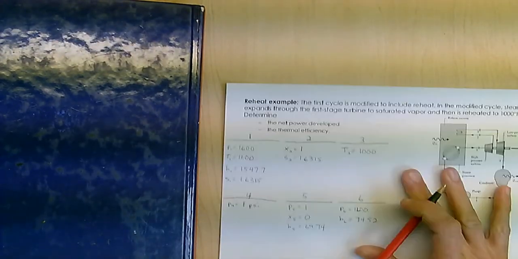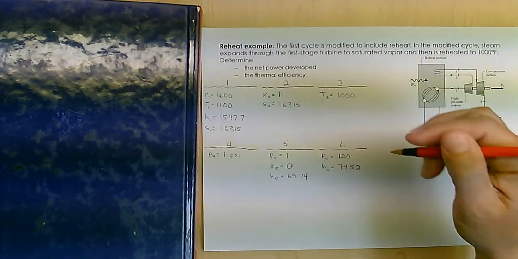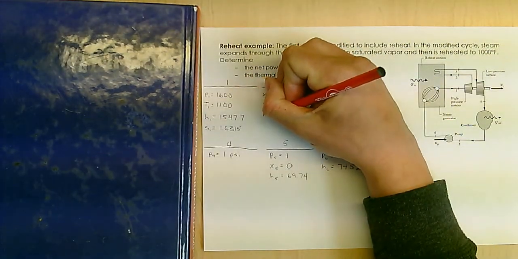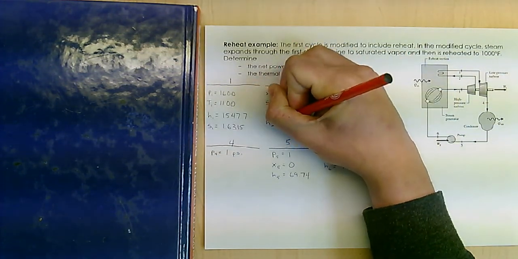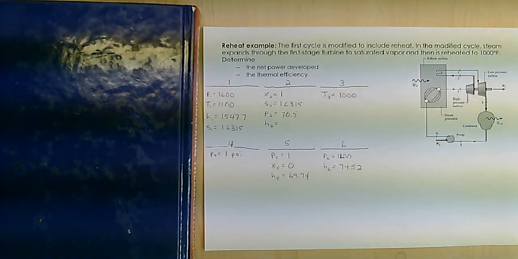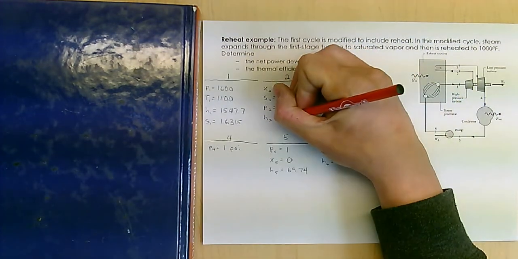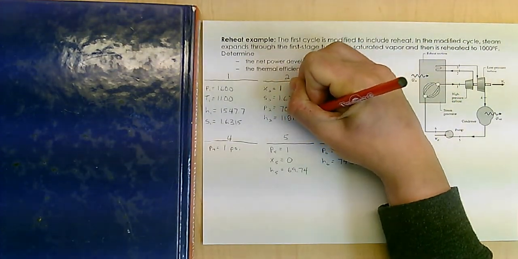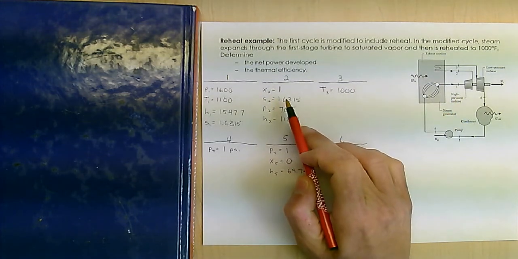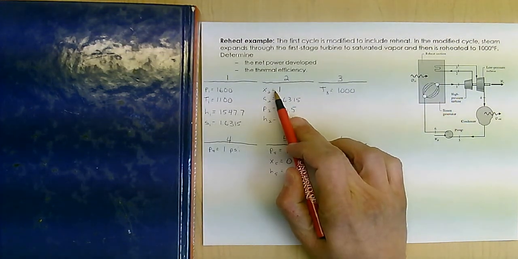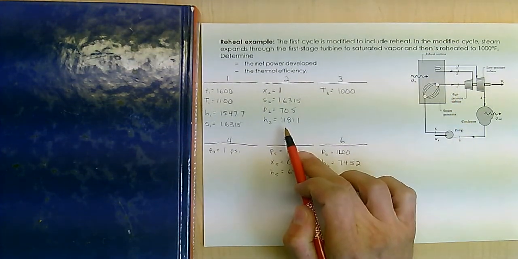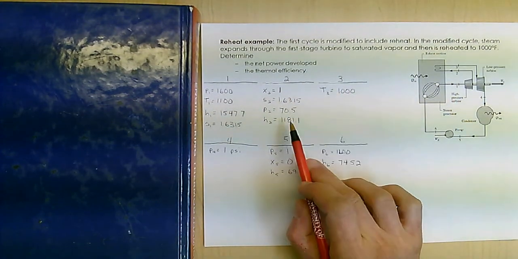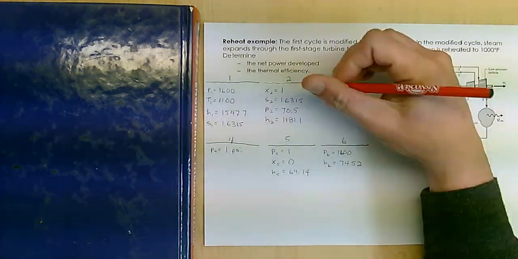So my pressure 2 is 70.5, and my H2 is equal to 1181.1. That's because I know my entropy and I know my quality. Any two properties set my state.